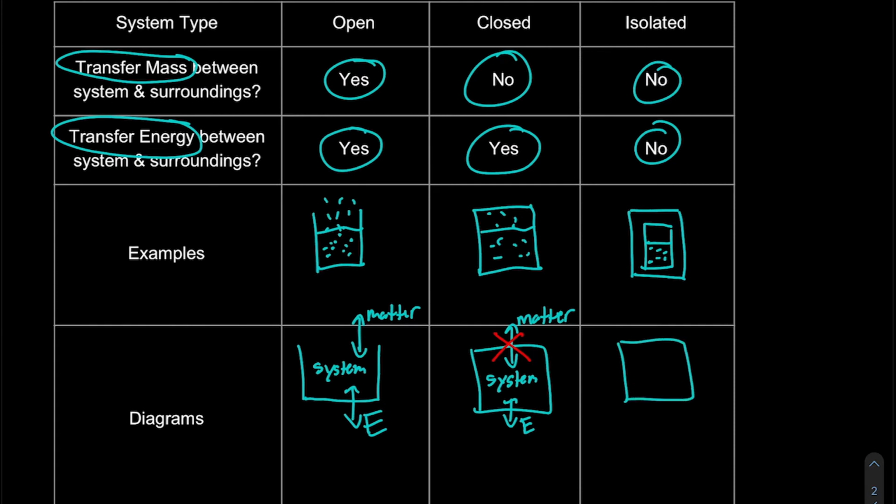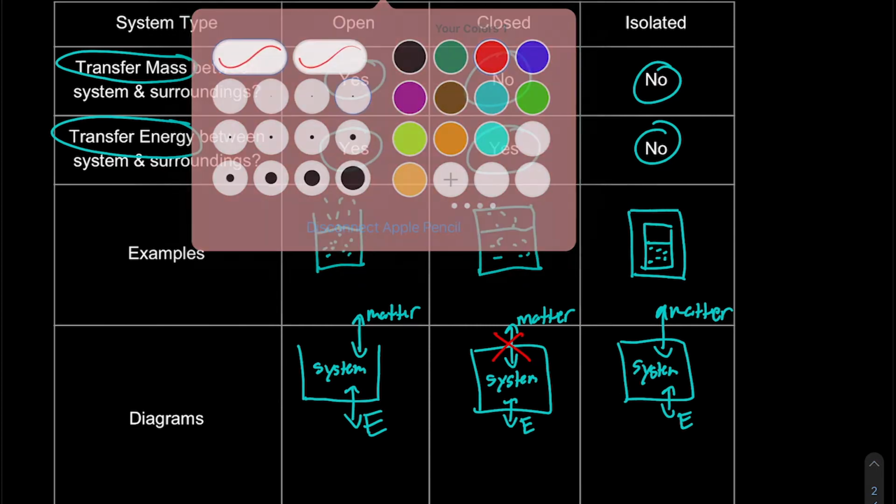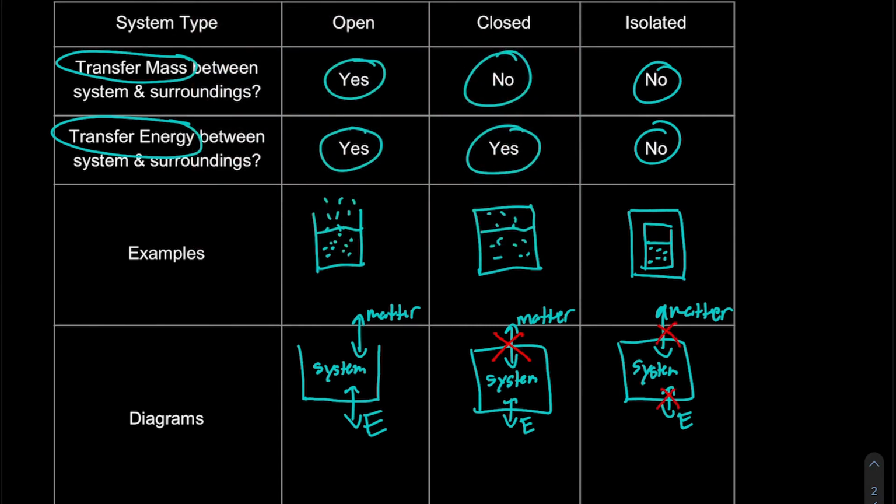So now I have our system here, and we do not have the ability for matter, nor do we have the ability for energy to go in and out. There's a restriction where neither one of those can move. And so that would mean inside of our system here, there's going to be a constant amount of energy. It doesn't have the ability to come out, and it's going to have a constant amount of matter.